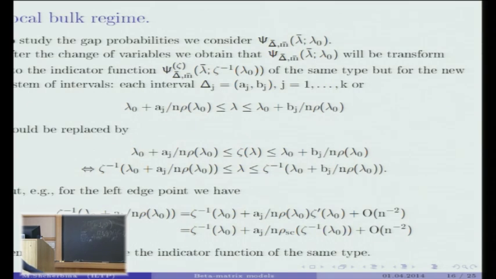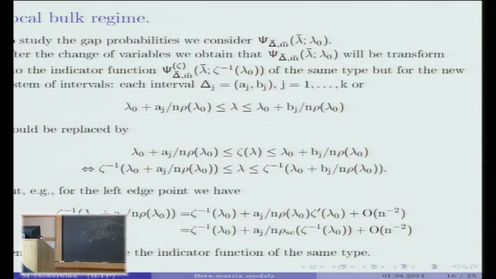And for example, if you want to consider this left-hand side, you obtain that it is zeta of lambda 0 plus this guy, and zeta prime will give you the ratio of the density.